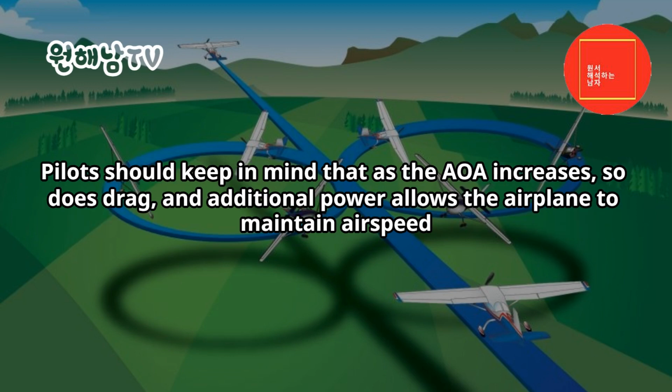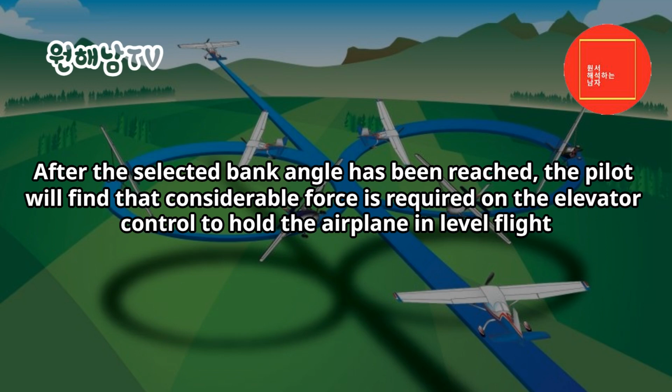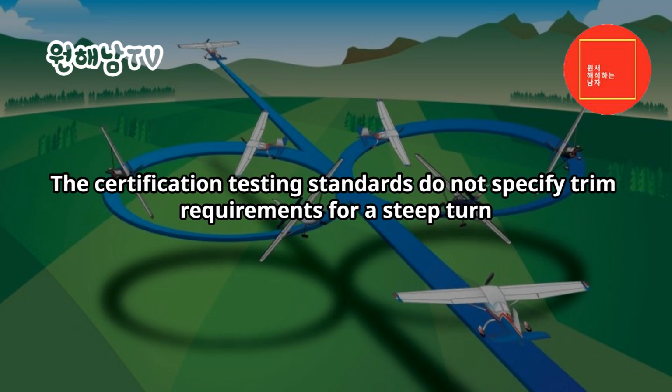Pilots should keep in mind that as the AOA increases, so does drag, and additional power allows the airplane to maintain airspeed. After the selected bank angle has been reached, the pilot will find that considerable force is required on the elevator control to hold the airplane in level flight. The certification testing standards do not specify trim requirements for a steep turn.